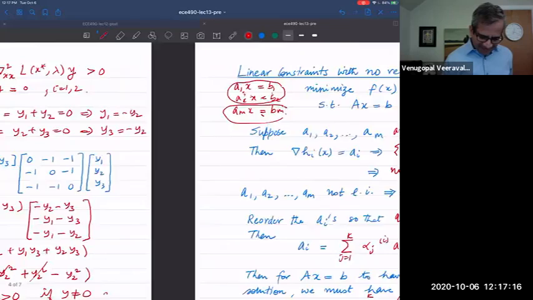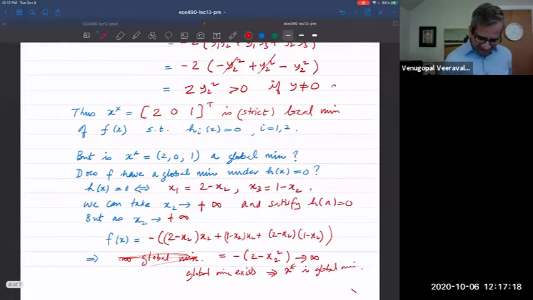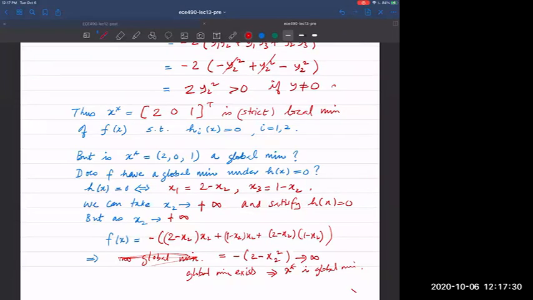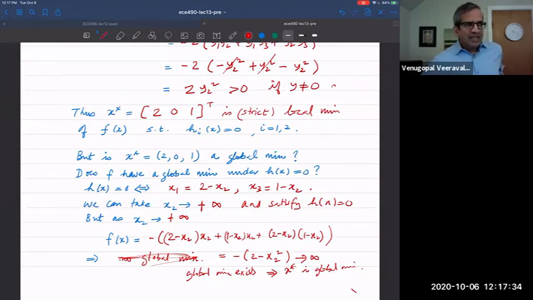Just a one-dimensional example for which there's no minimum or maximum. X cubed, yeah, X cubed is good. Just linear also, right? Just X. There's no minimum or maximum for that function.